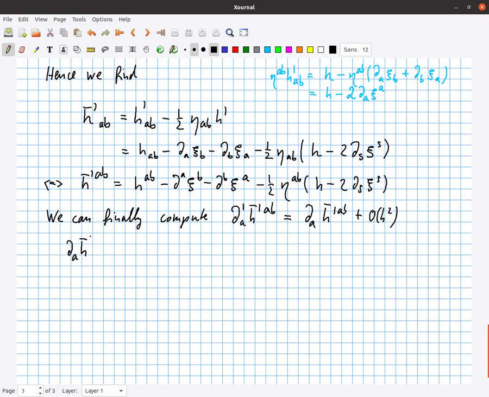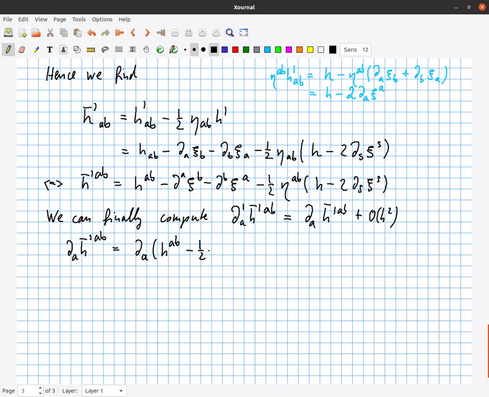Partial_A h bar prime^AB. What do we get? We get a partial_A. I'm sorting my terms ever so slightly to make it a little bit easier later. Here is my h^AB.